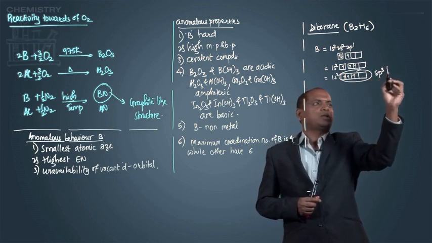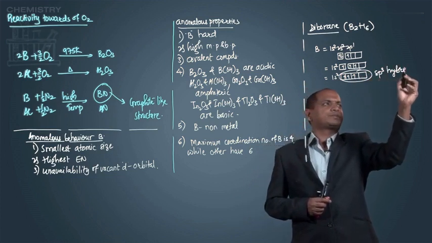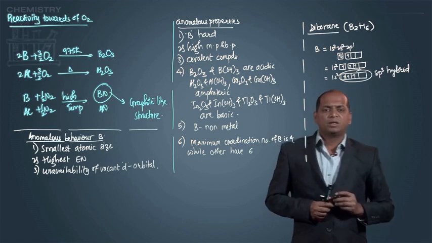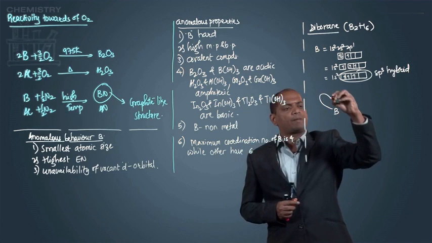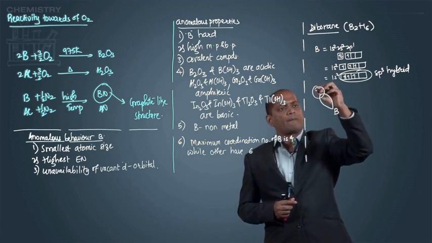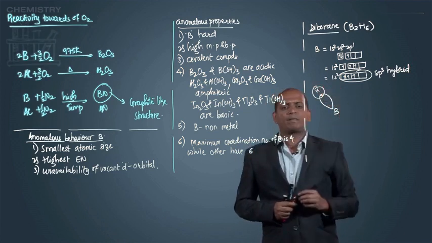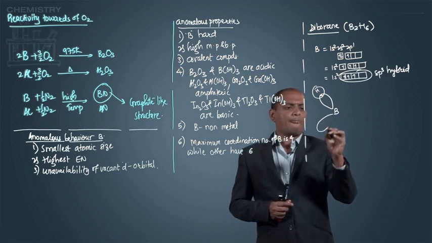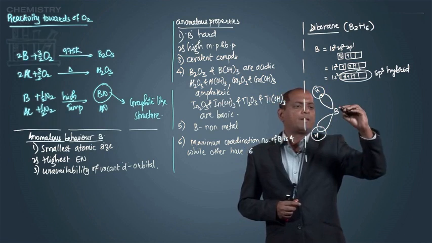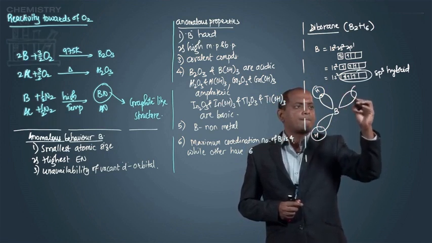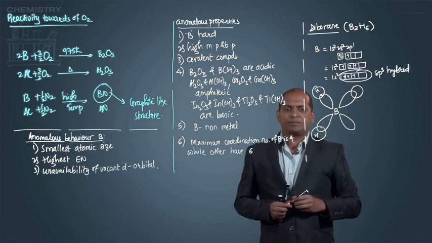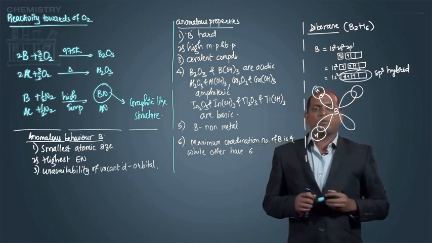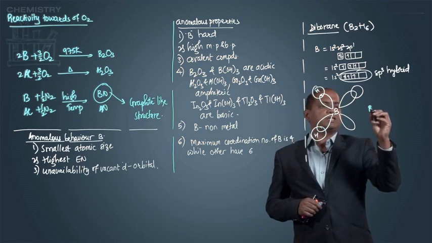In sp3 hybridization, boron has one vacant sp3 hybrid orbital. So because of the sp3 hybrid orbitals, boron overlaps like this. And this is the vacant orbital. Now when I say B2H6, the other one must be like this only.